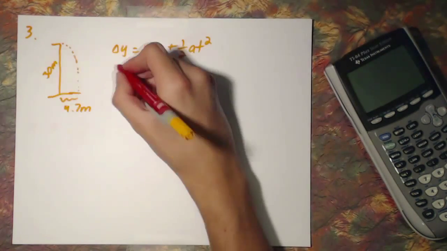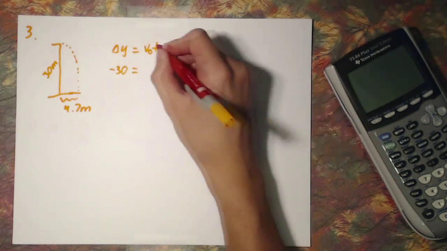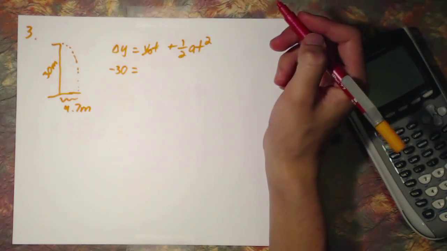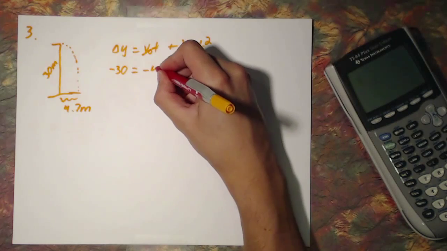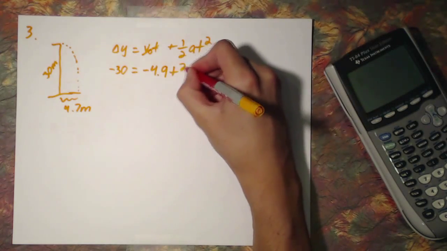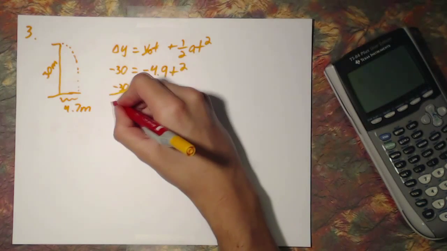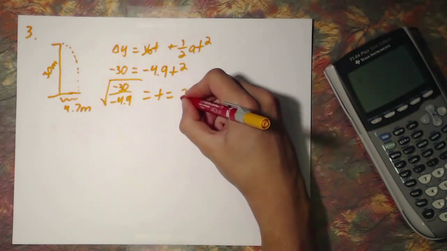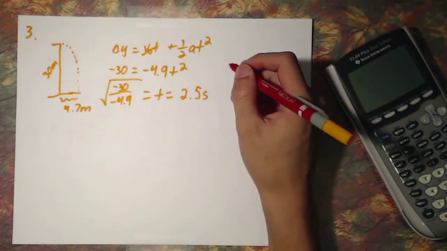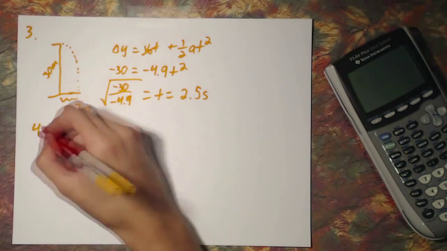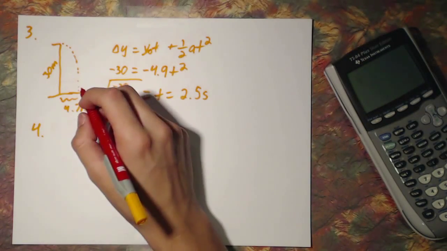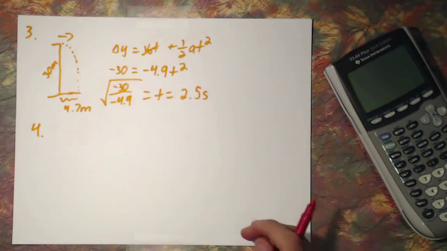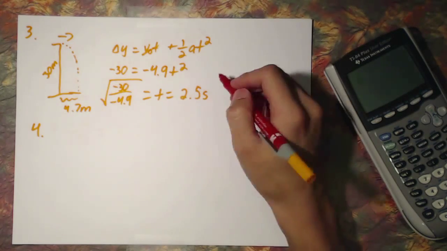So delta y is -30 equals, there's no initial velocity, at least in the y direction, we have to assume, plus 1/2 our acceleration, which is 1/2 gravity, t squared, so -30 over -4.9, take the square root to get our time, which is 2.5 seconds. And then question 4 wants to know what the initial horizontal velocity was for it to get 4.7 meters away in 2.5 seconds.